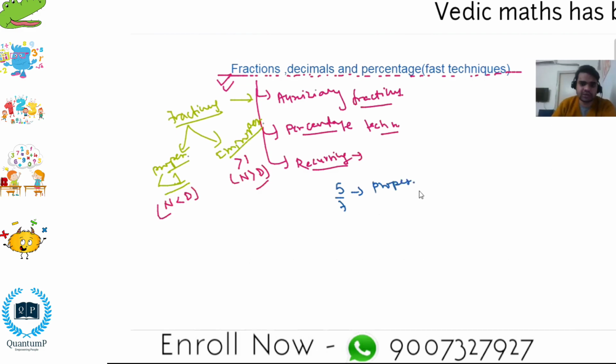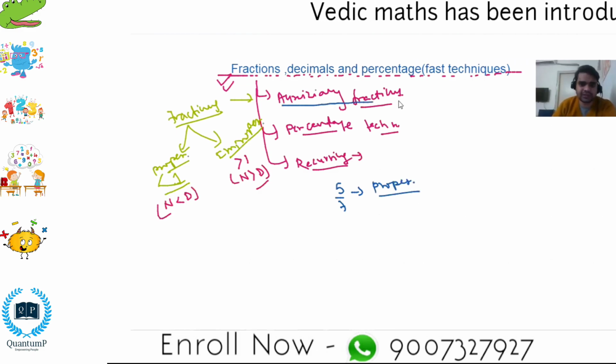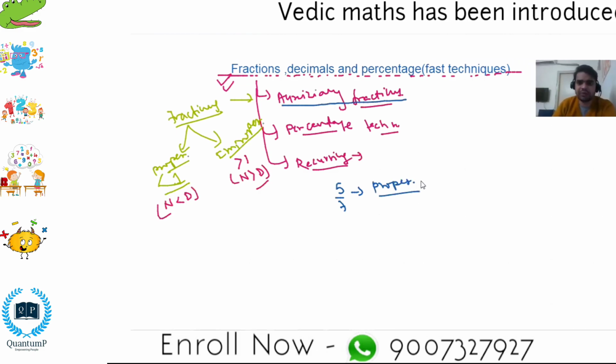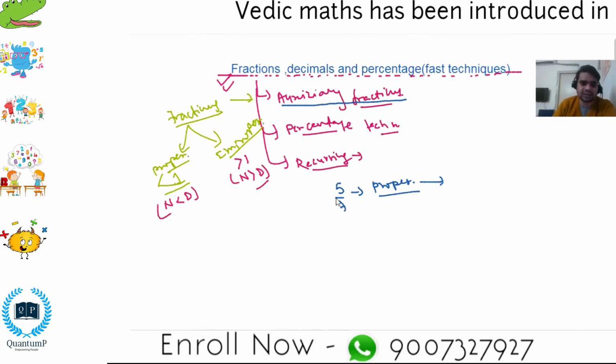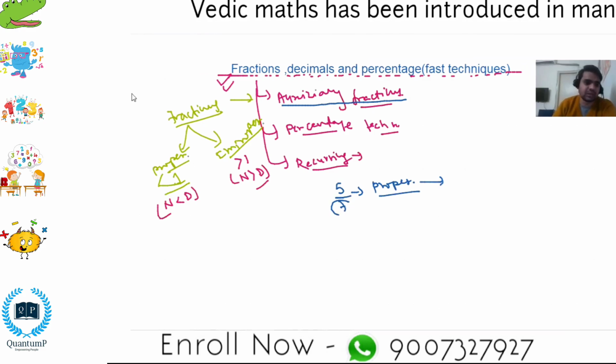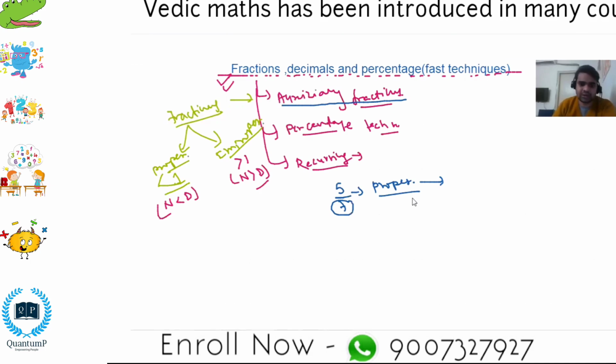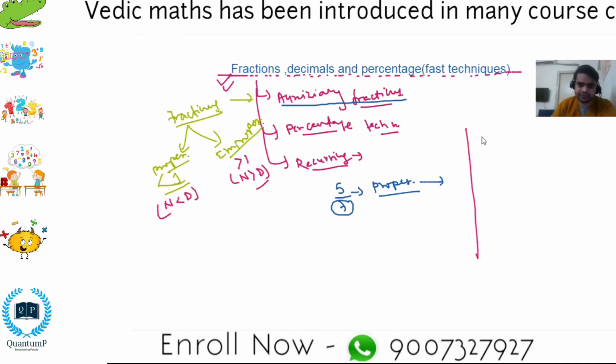So what is the definition of auxiliary fraction? Every proper fraction having last digit 9 in the denominator is called an auxiliary fraction. You can write it down.